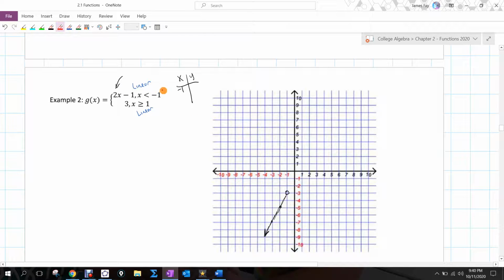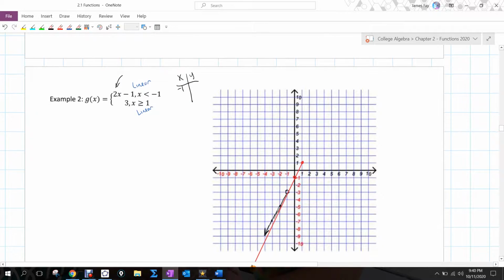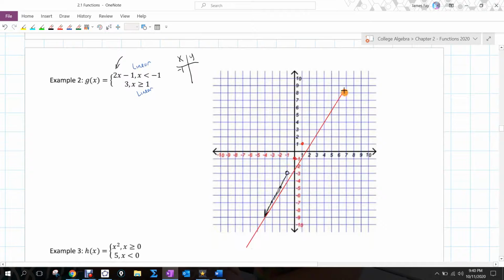You're just going to be erasing things. So you could say, okay, I'm going to -1, my y-intercept, and then apply my slope up 2 to the right 1, and then graph that whole thing. And then say, okay, what values of x am I keeping?